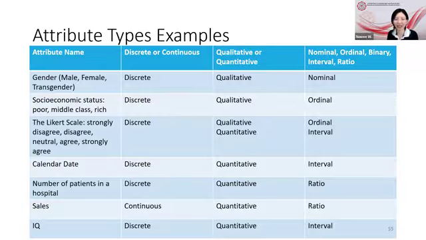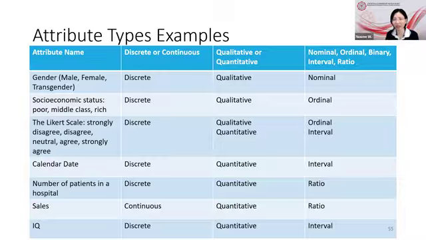The Likert scale, like disagree, agree, neutral: you have order, so you can view it as ordinal, as qualitative. But if your Likert scale comes with numbers, maybe strongly disagree is 1, disagree is 2, neutral is 3, you can view the Likert scale as interval and quantitative.